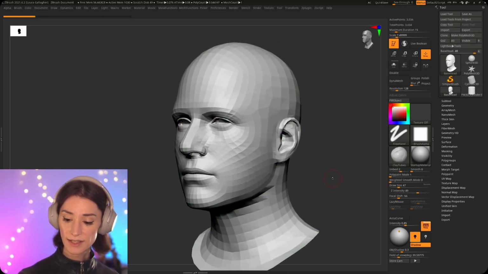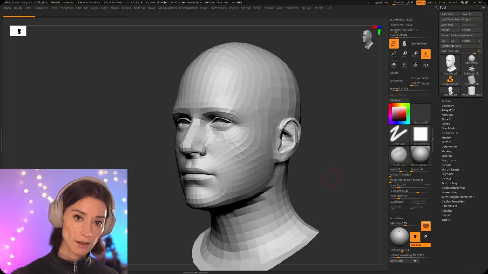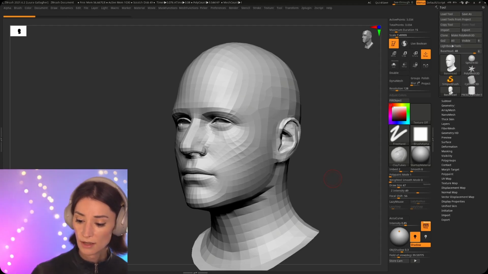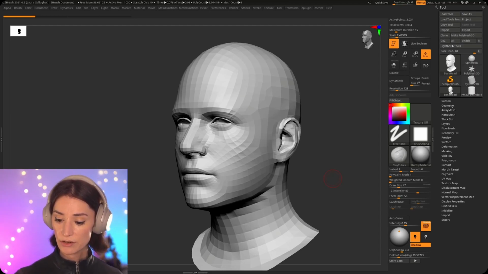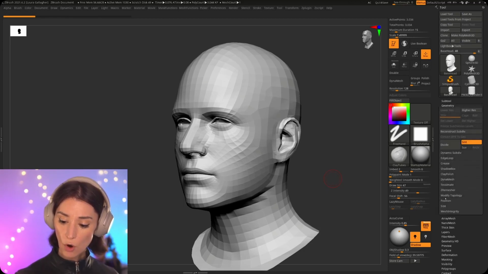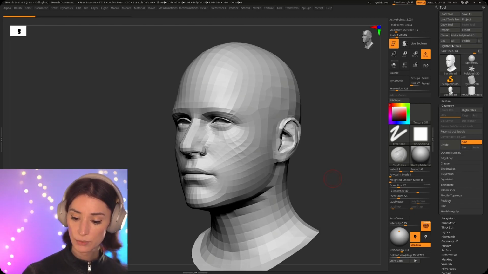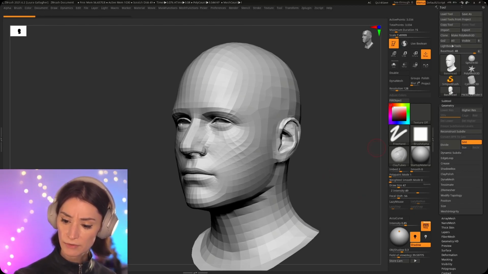So the basic idea here is that you go to your geometry menu right here. So in your tool palette, you go to geometry. And once you open this here, this is something we haven't talked about at all last week. In fact, let me even go over here and switch back to my default interface.